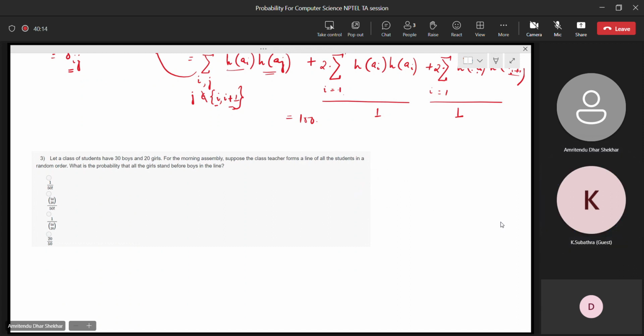Okay. The answer is 20 factorial times 30 factorial divided by 50 factorial. Yeah, so that is basically 1 by 50 C 20, right? Yeah. That's right. I applied simple permutation concept. Okay. Yeah, that's fine.